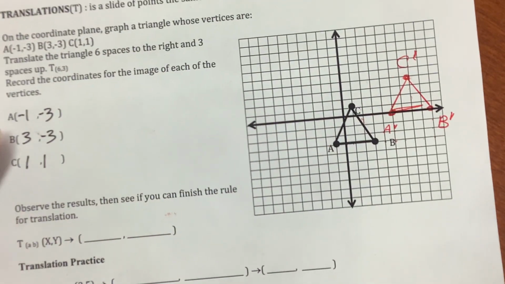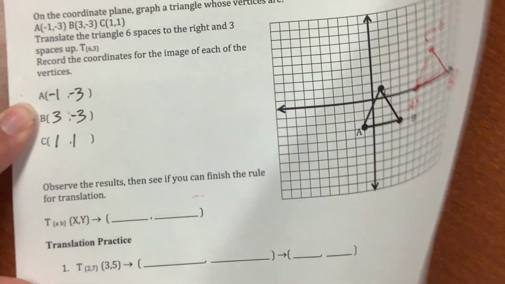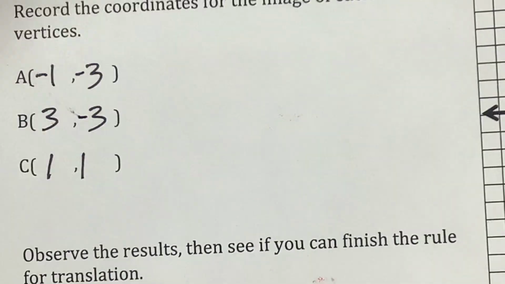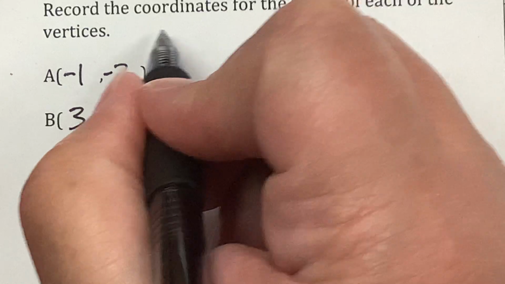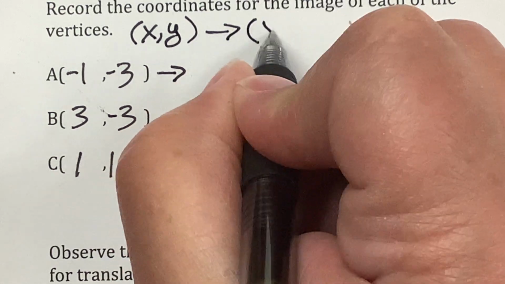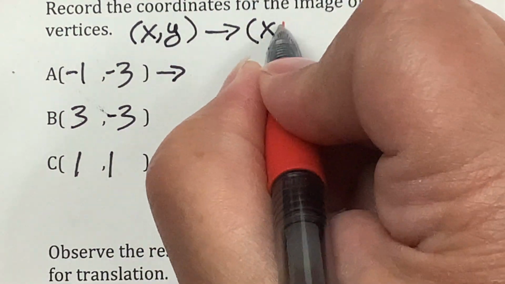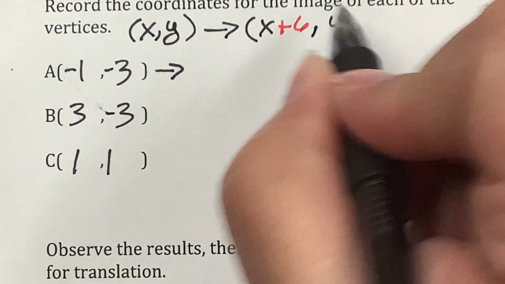So now, how do you do this if you don't have the graph paper? Pretend that's not there. What we're going to do is come over here and make this bigger. The way you would do this is as if it was just a regular X and Y, and it would become X plus 6, Y plus 3.